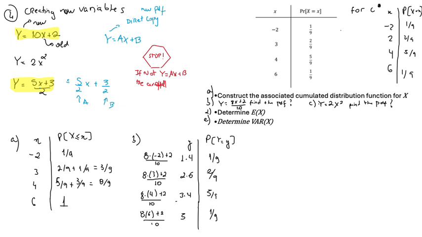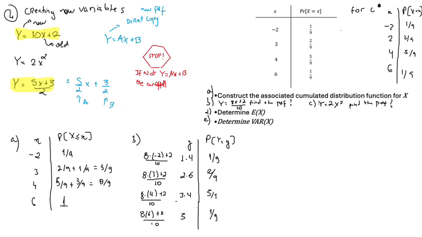It's just an example of what you have to pay attention to. So for item C, just consider that your PDF doesn't have a 3 here, it has a 2. And let's do the same thing. Now I want a y that is 2 times x squared, and I want you to find the PDF of y.